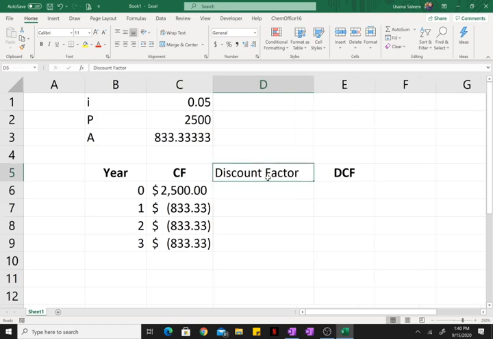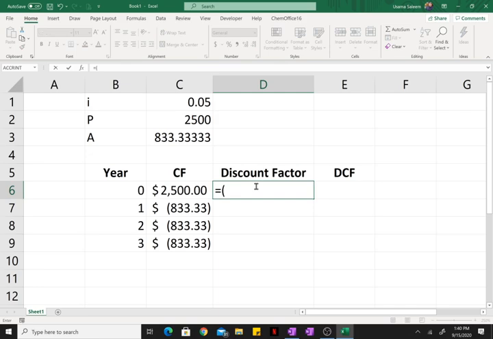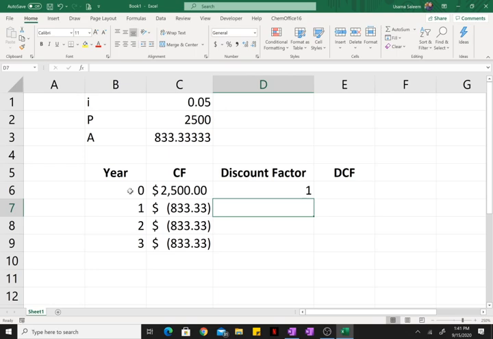Now the discount factor is just 1 plus the interest rate raised to the power negative of the respective year. So for year 0, the discount factor is just going to be 1, because $2,500 today are worth $2,500 today. And then we just copy this down.